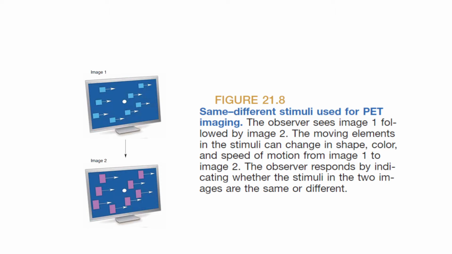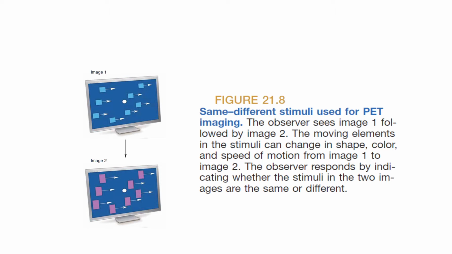and in this screen we can see several squares with these characteristics. They have shape, they have color, and they move. So the arrows indicate in which direction they are moving on the screen.